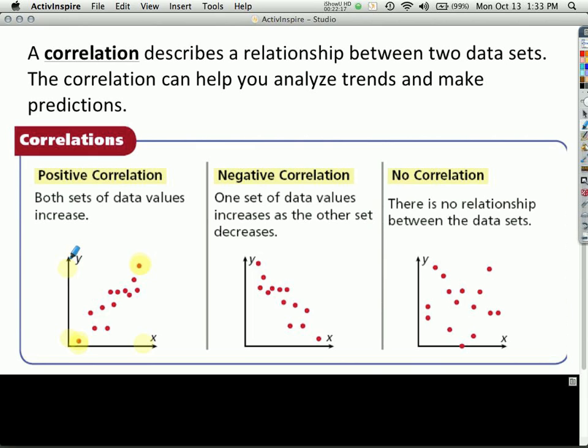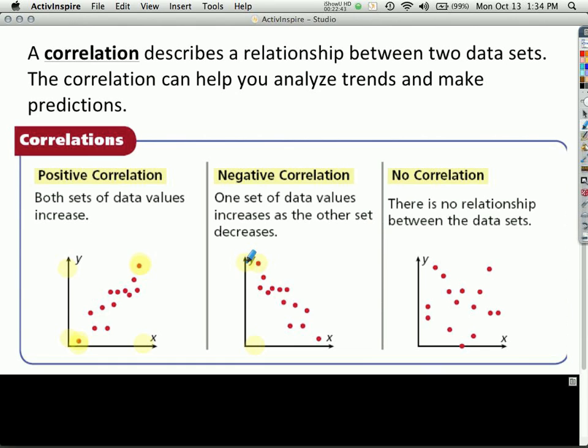By contrast, we have a negative correlation. And in this situation, as one value increases, the other one decreases. So look at this data point right there, its x value comes from here. That's a very small x value. But its y value comes from up here, and that's a very high y value.